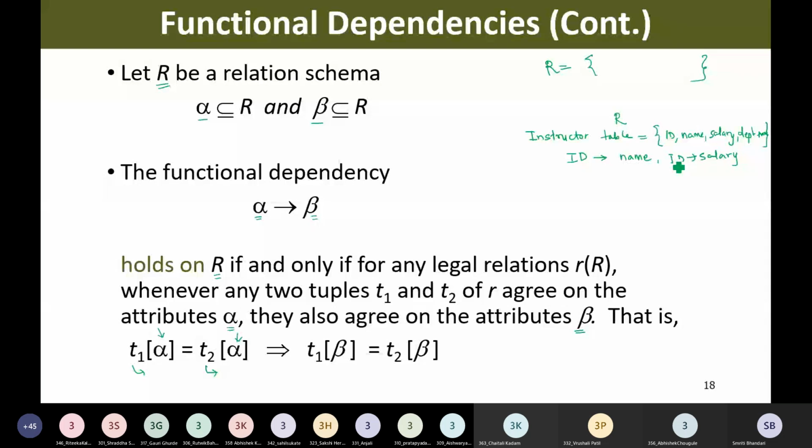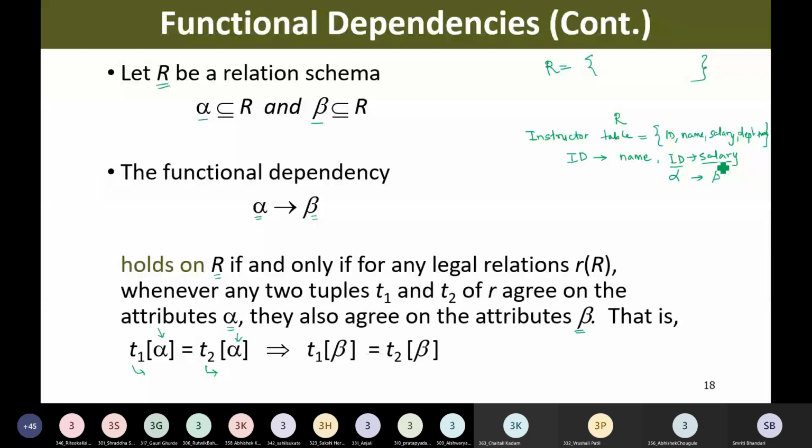Now, if I am having the functional dependency ID determines salary, this ID is nothing but alpha and this salary is nothing but beta. So here we are having single attributes as alpha and beta, which are subsets of R. But it may happen sometimes that alpha and beta are collections of attributes from R.